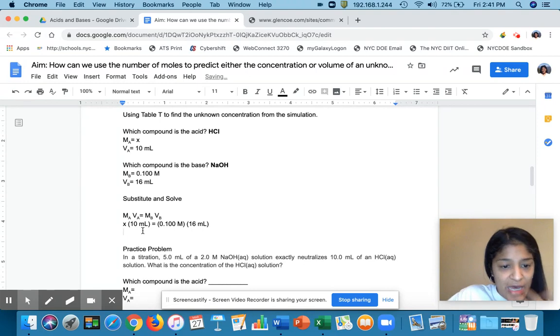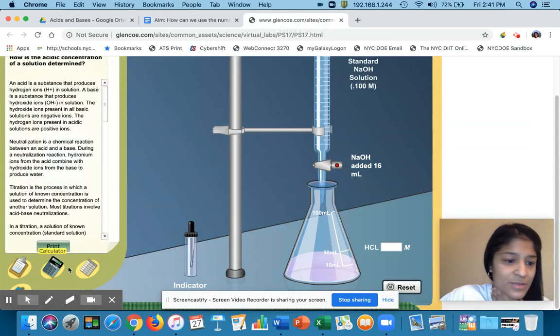Then if we do that, we would get X times 10 ml is equal to 0.1 times 16 ml, like we can do that here, there's a calculator.